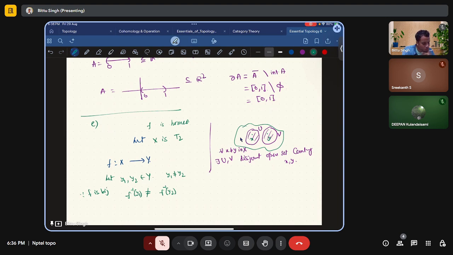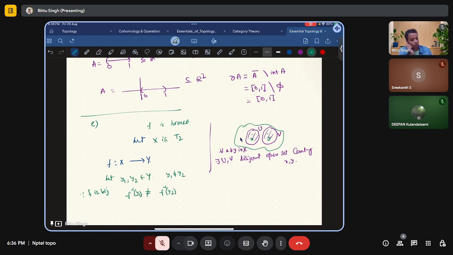It is also true even if f is not a bijection, because two same points cannot be mapped to different points.